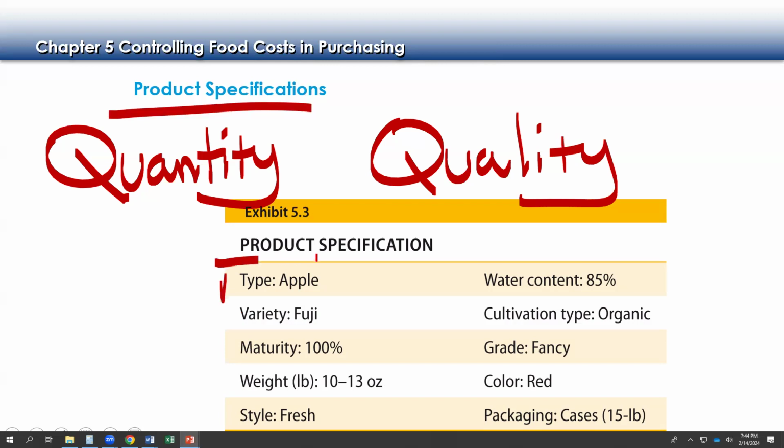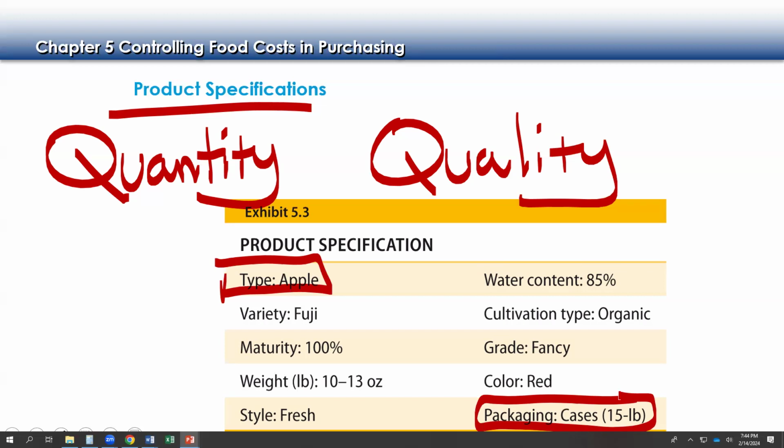So if we look here, our ingredient is an apple. Really, the only quantity is our packaging. The quantity I'm purchasing is a 15-pound case.